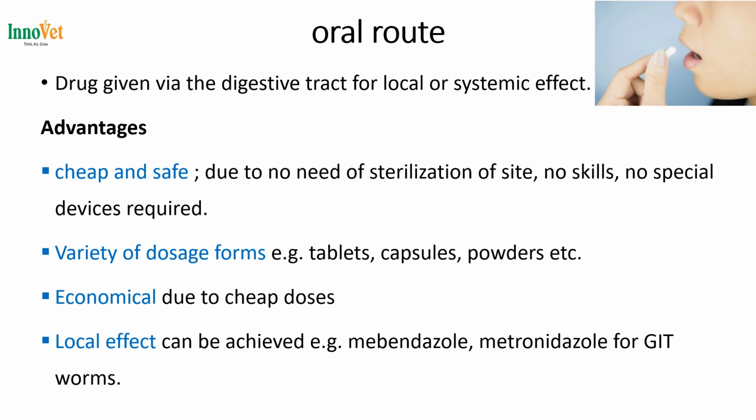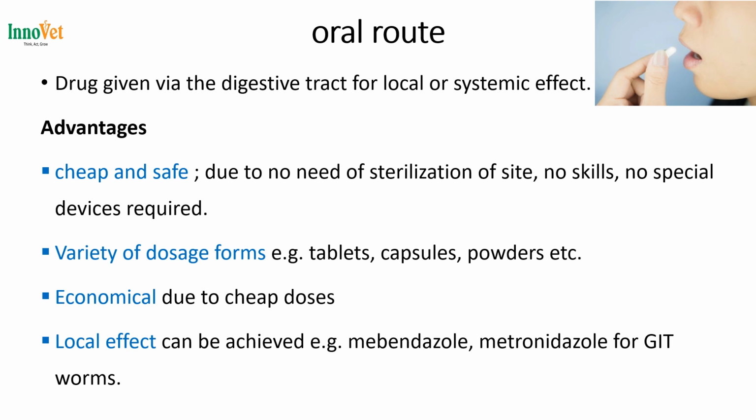You can use even the food the animal is going to eat, where you just ingest the food and take in even these tablets. We have also the other advantage that there are a variety of dosage forms that can be given via the oral route, for example tablets, capsules, oral powders, oral suspensions, and many others.